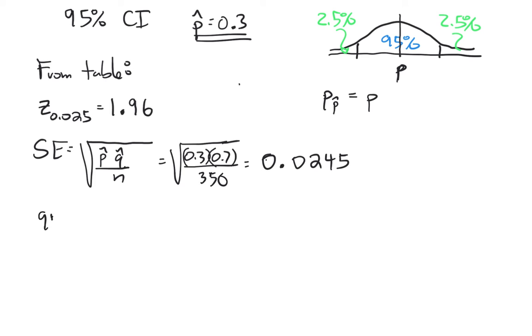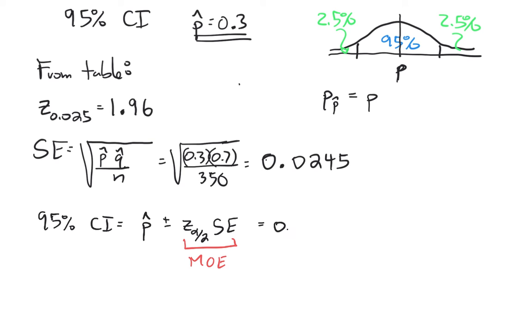So our 95% confidence interval is going to be our sample proportion plus minus z alpha over 2 times our standard error. And just as a reminder, this is called our margin of error. Okay, so what is this going to be?